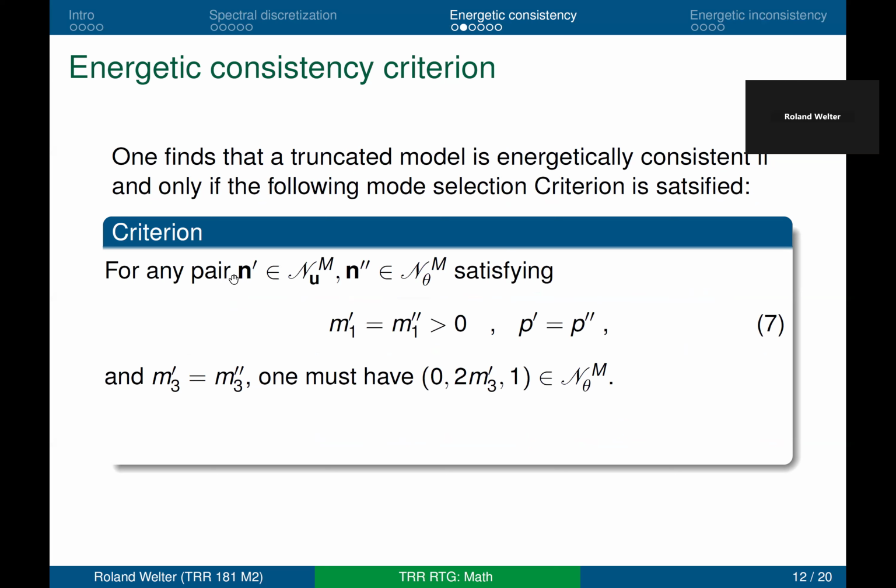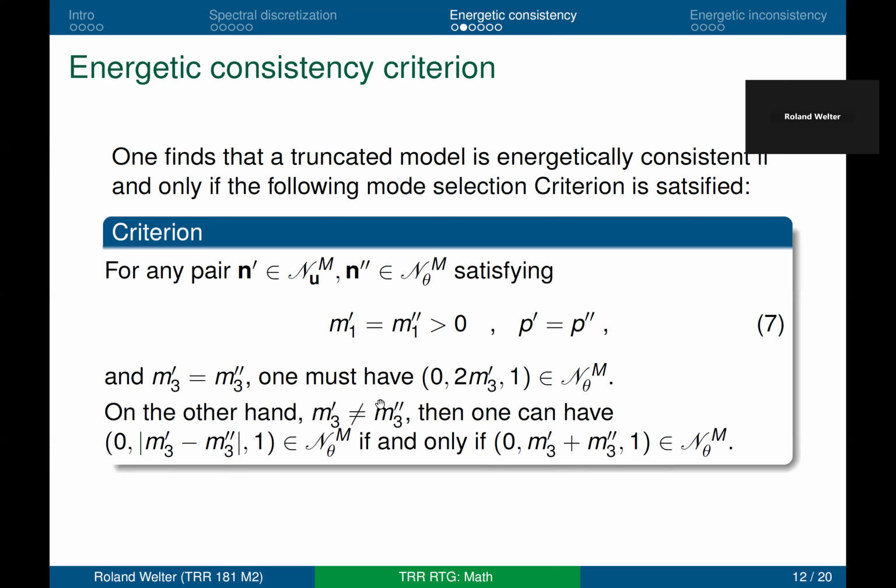This criteria says that if you have a pair of indexes n prime belonging to n sub u and n double prime belonging to n sub theta, and they have equal horizontal wave number, which is positive, and equal phase, and if their vertical wave number is also equal, then you need to include twice the vertical wave number in the theta index set.